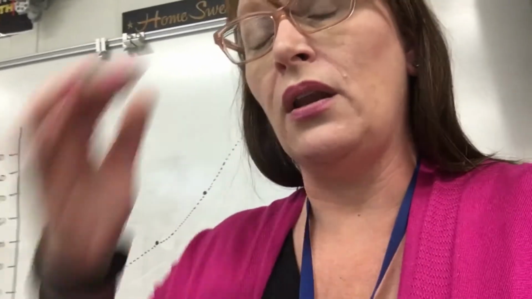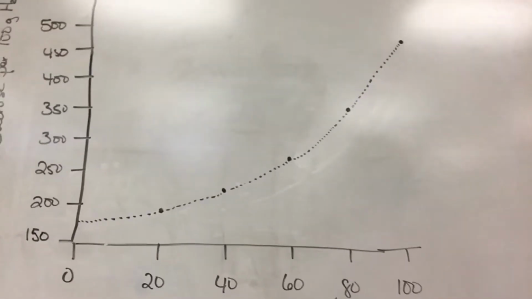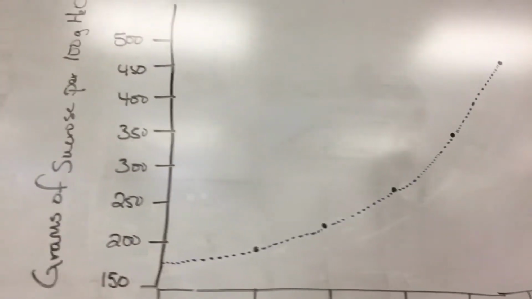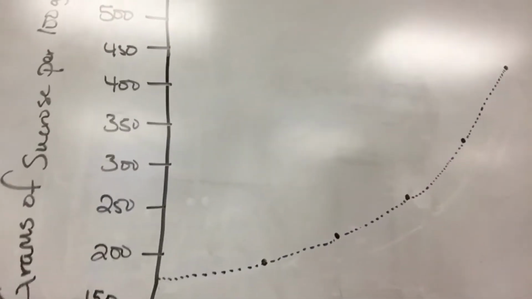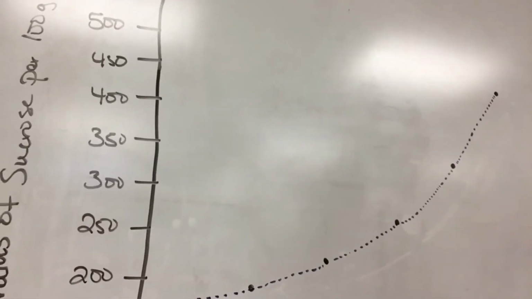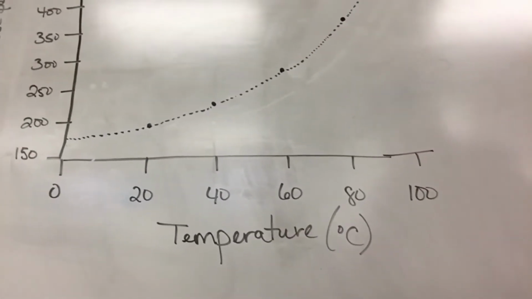At some point, no more solute will be able to dissolve in the solvent, and then we say that the solution is saturated. Saturation actually depends on temperature. This is what we call a saturation curve. On the y-axis, you've got the number of grams of sucrose that's able to be dissolved in your water, and on the x-axis, we've got the temperature of the water.